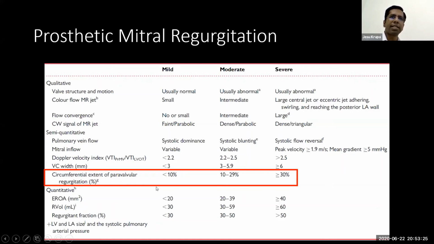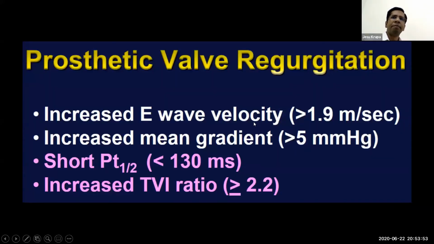So in the short axis view that I just showed, be it 3D or whatever view, in the en-face view, if we can see that the regurgitation is less than 10%, then that is mild. If it is greater than or equal to 30%, that becomes severe. So in addition to other standard parameters that we use for assessment of mitral regurgitation, this is one additional thing that we need to bear in mind while assessing prosthetic mitral valves.